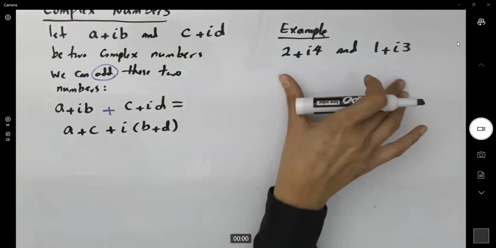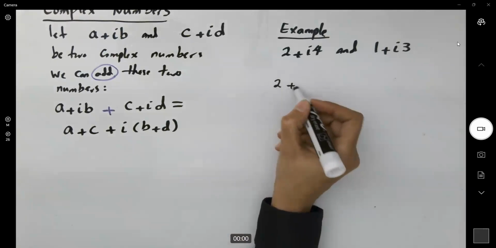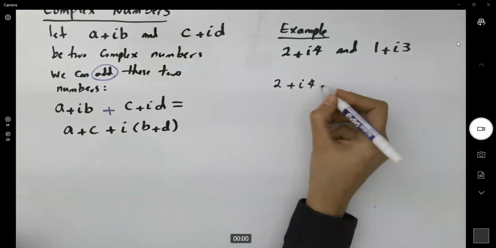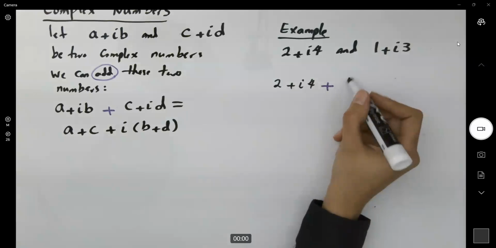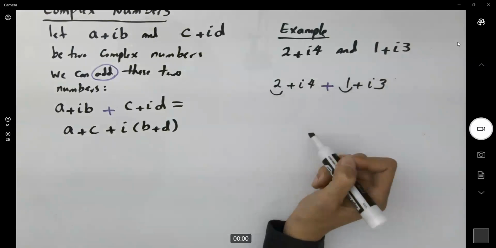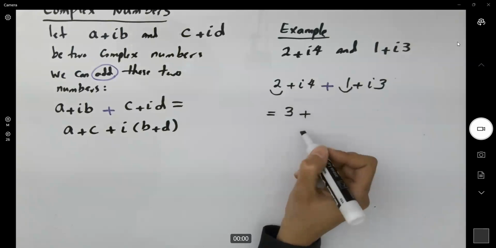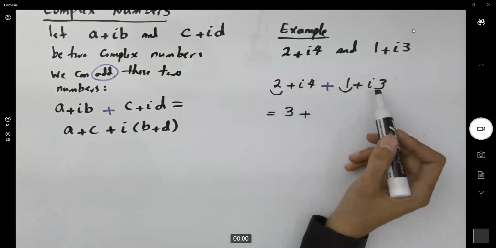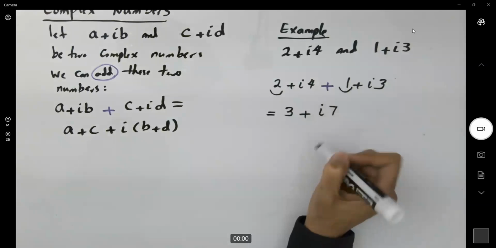Now, what's the addition between these two numbers? 2 plus I4 plus 1 plus I3. So what are you going to do? You're going to add these two constants, which is 3. Plus 4 apples plus 3 apples is 7 apples. All right. So again, I times 7.